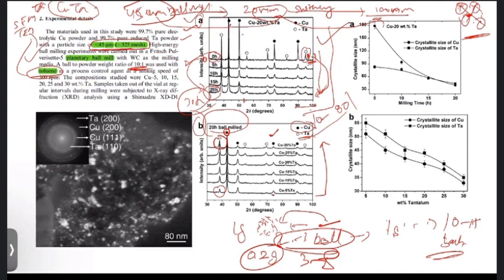See, this is the copper peak, in the B diagram only. Yes, this is the B diagram. This black dot resembles the copper peak at 5%. You are able to see some peak over here, but it is very negligible at 30%.